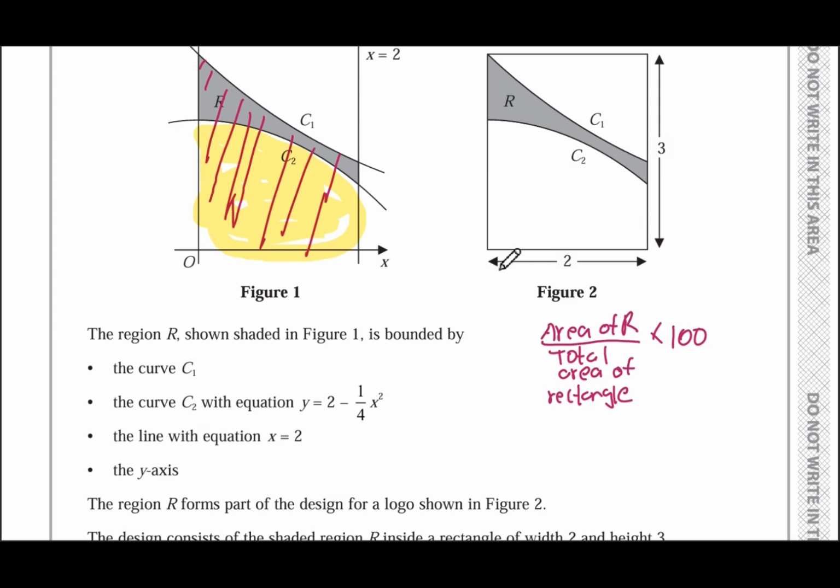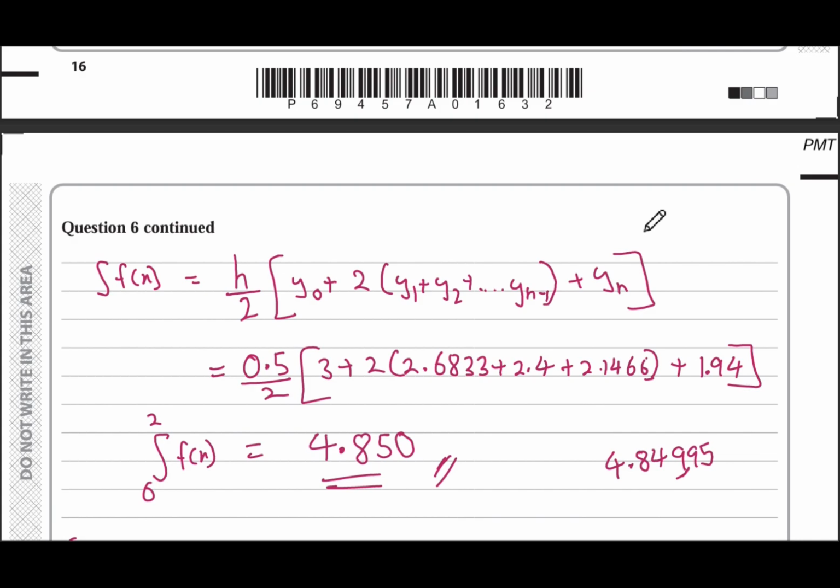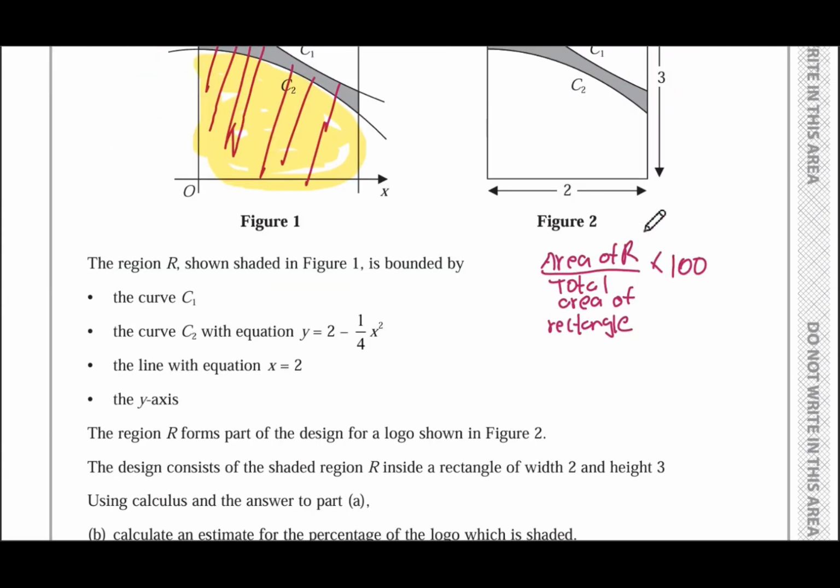That gives me R. In the beginning we said area of R divided by total area times 100 gives the percentage. Now what is my area of R? It is 91 over 60, and the decimal answer is 1.52. So area of R is 1.52.